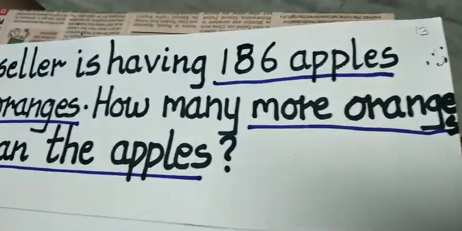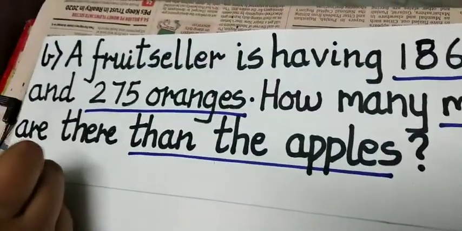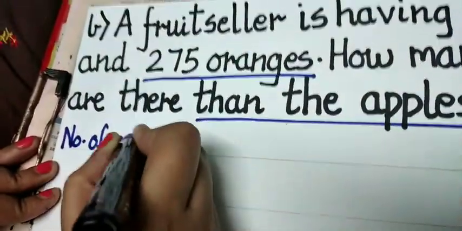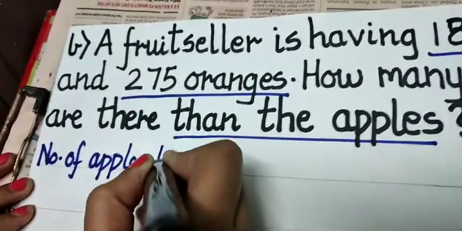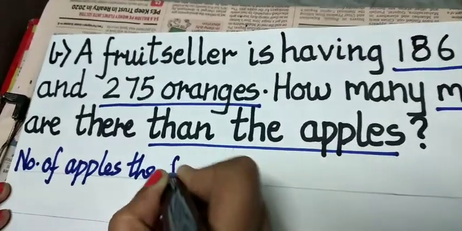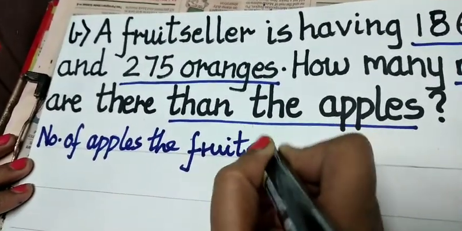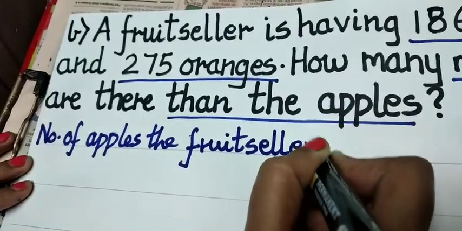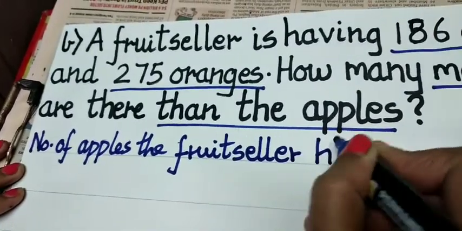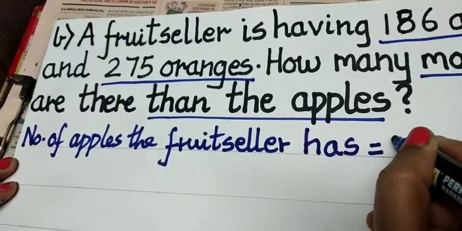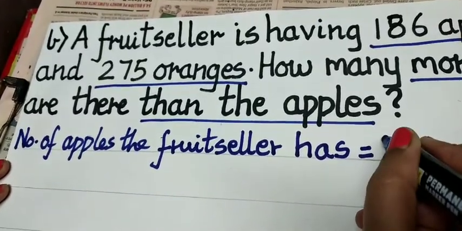The first statement: number of apples the fruit seller has is 186.